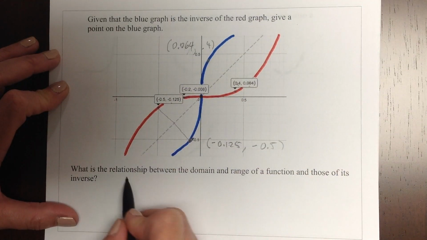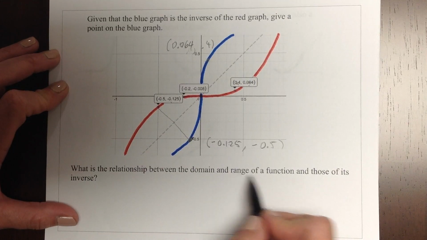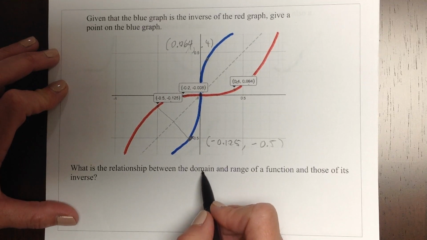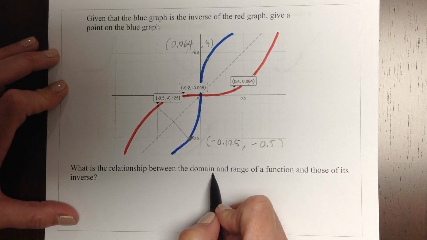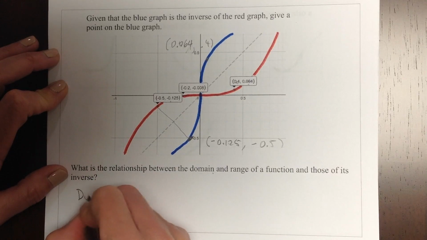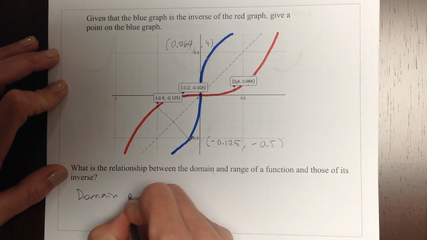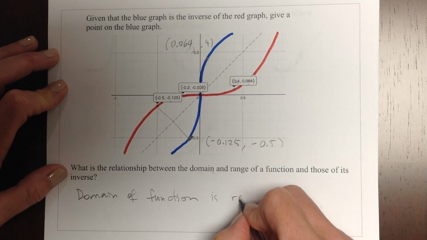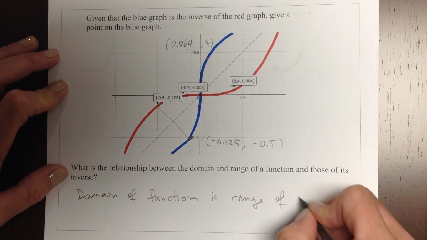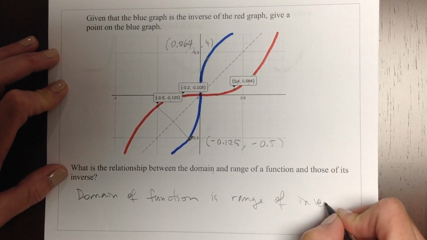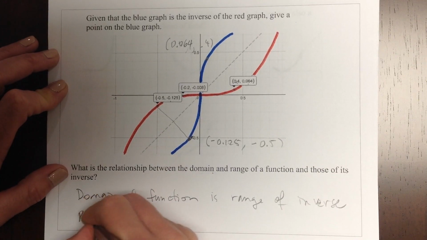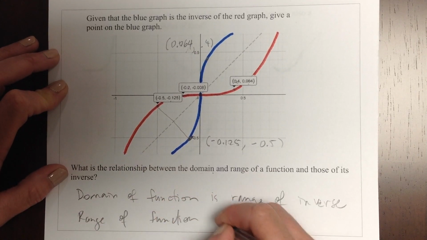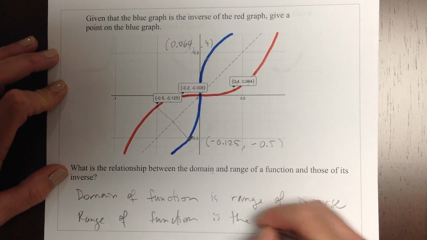So for that reason, what's the relationship between the domain and range of a function and those of its inverse? Well, the domain of a function is the range of the inverse, and the range of a function is the domain of the inverse.